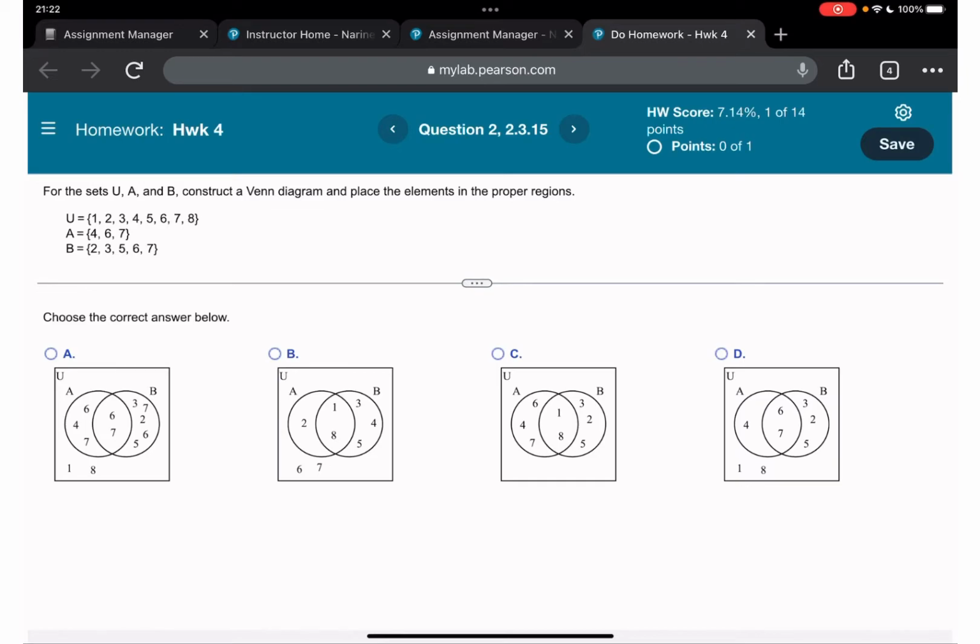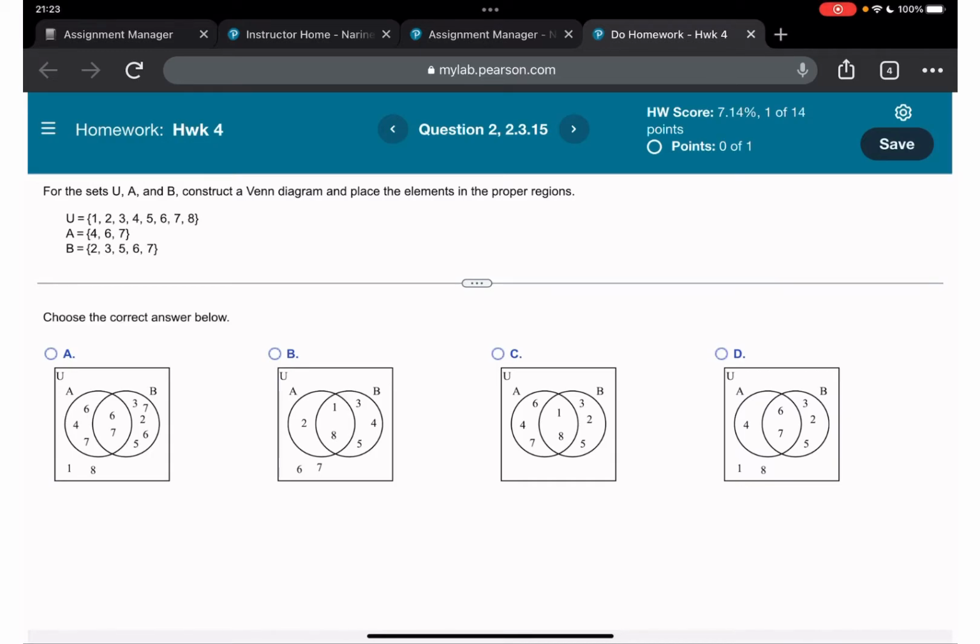And on the planet U, there is another planet A and planet B. So let's see which elements belong to the given sets U, A, and B. So U is from 1 through 8, meaning all the numbers we're going to have are from 1 through 8.